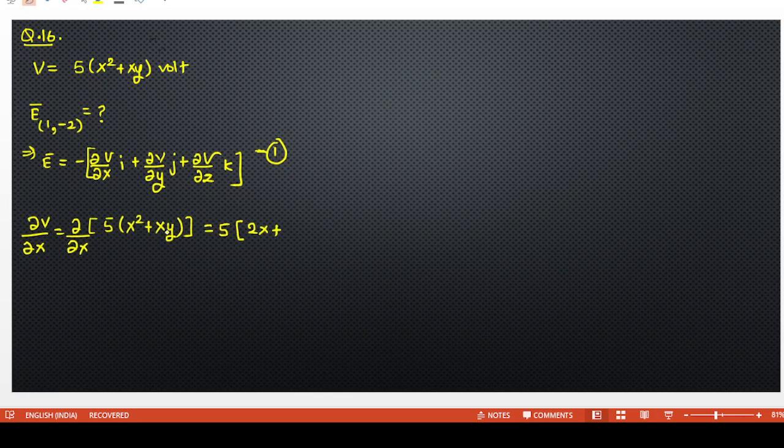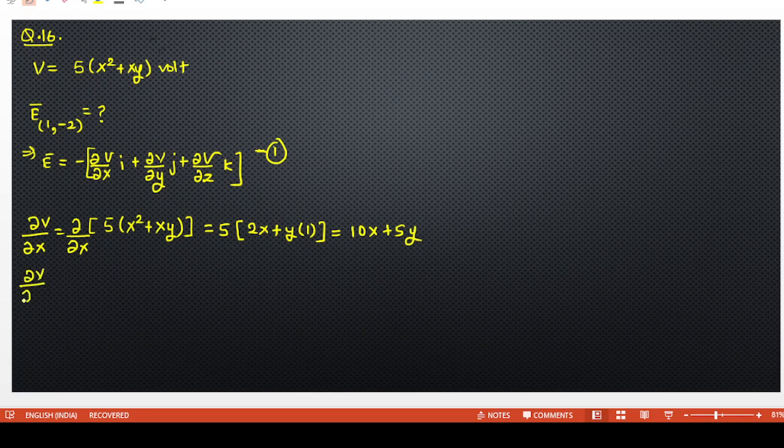While finding derivative of xy, y is constant, so it is outside derivative. x derivative with respect to x will be 1. You can multiply 5 inside, you will get 10x plus 5y.